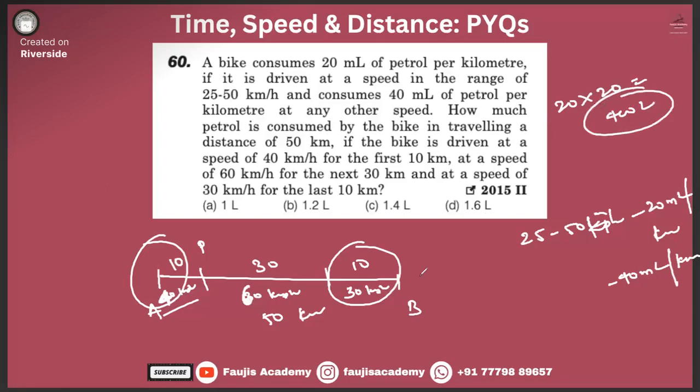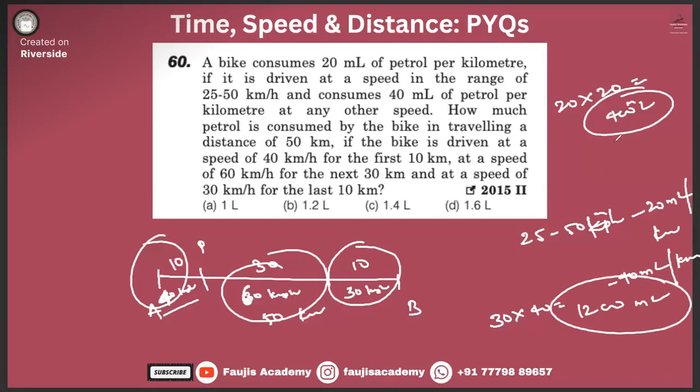Right. Now over here it is 30 into 40, 1200 ml. Now 400 plus 1200. How much is that? 1600 ml. Which is equal to what? 1.6 liters.